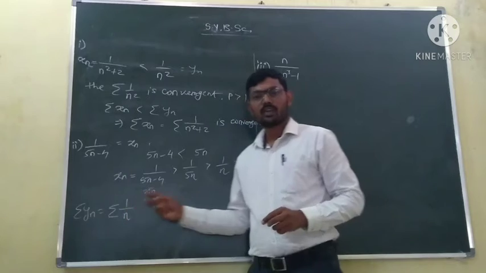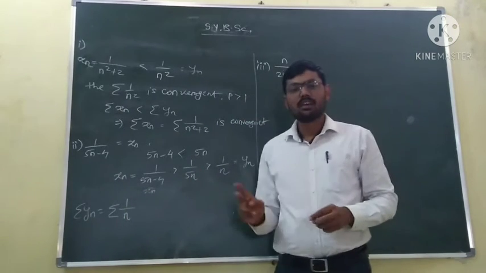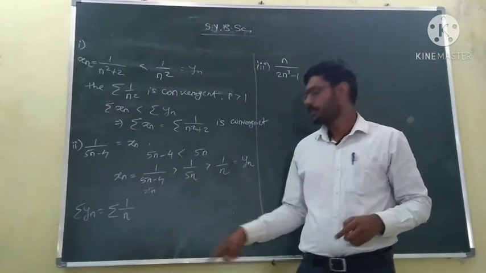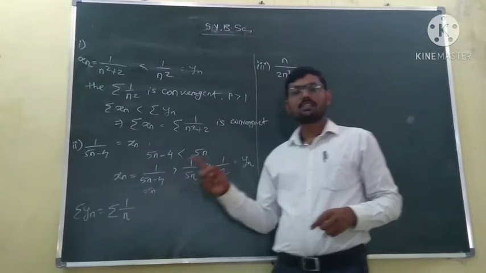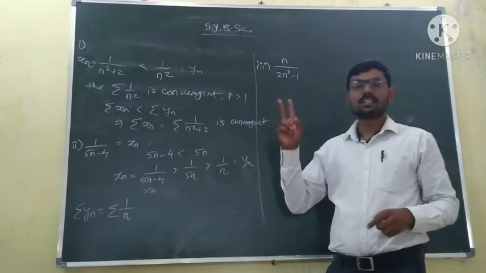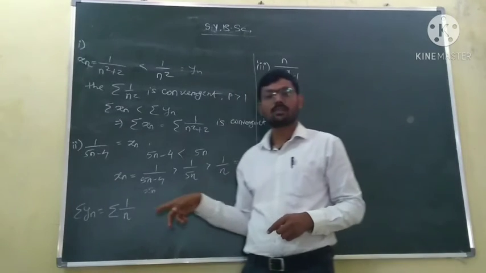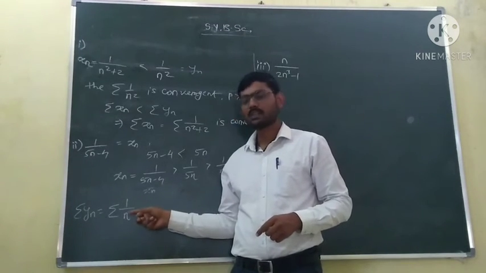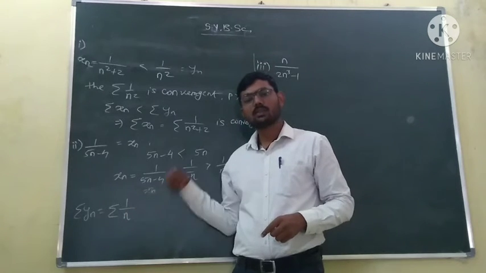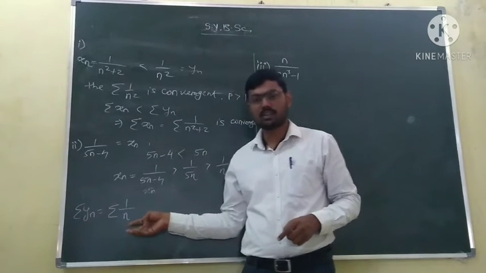We know this series is divergent by using the p series test. We know the p series is convergent if p is strictly greater than 1; only then is the p series convergent. Here p is equal to 1. Also this is a harmonic series, and by Cauchy's idea this series is not convergent.